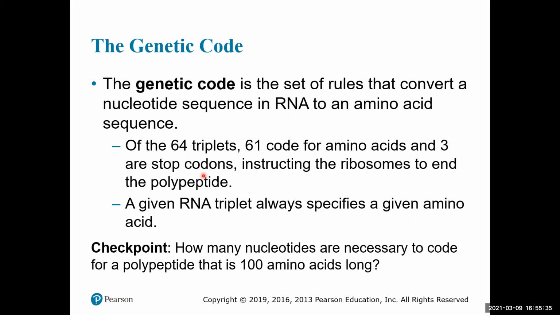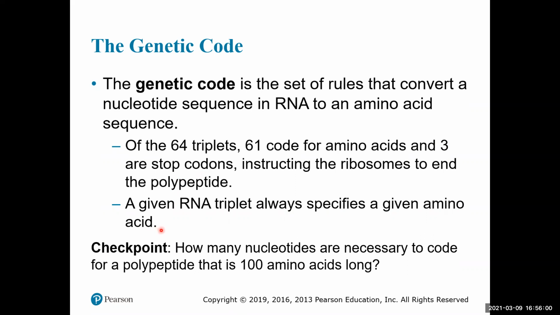So you actually have a start codon, codons in between the start codon and the stop codon. And so the start codon tells a protein to start being made, and a stop codon tells a protein to stop being made. And a given RNA triplet always specifies a given amino acid.